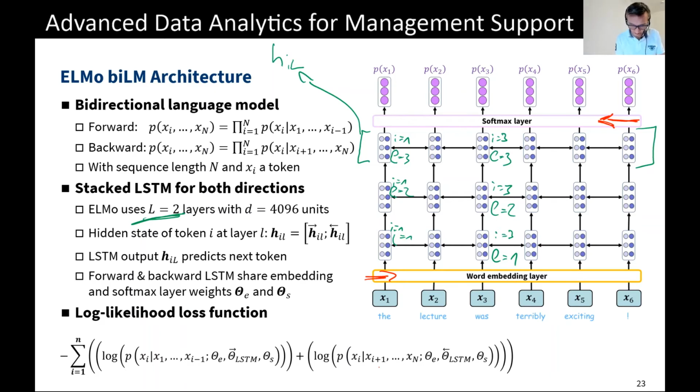So here we have also weights. I'm changing my color to blue. Then I can make it a bit clearer that these are the softmax weights, and these are the weights that we have in the embedding layer. And these are shared.